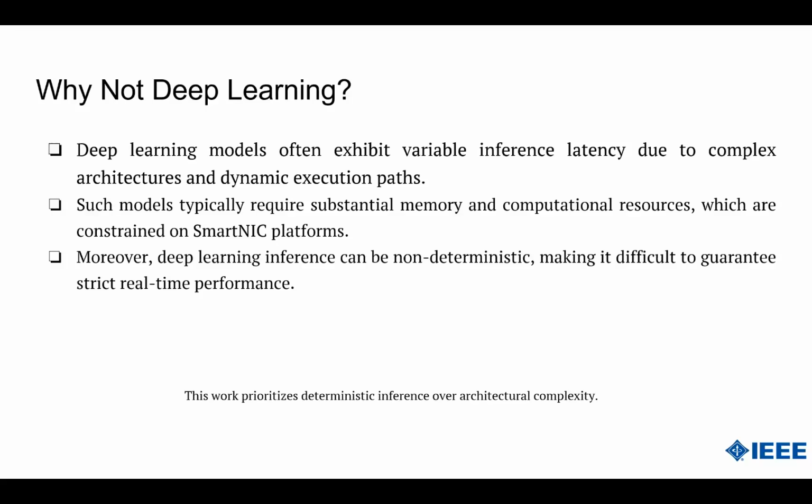One common question is why we did not use deep learning. Deep learning models often exhibit variable inference latency due to complex architectures and dynamic execution paths. Such models typically require substantial memory and computational resources, which are constrained on SmartNIC platforms.